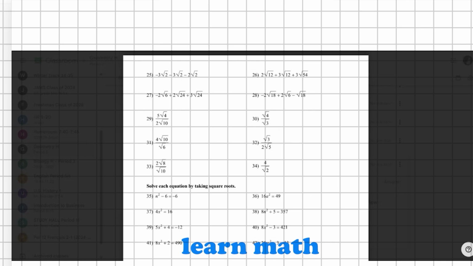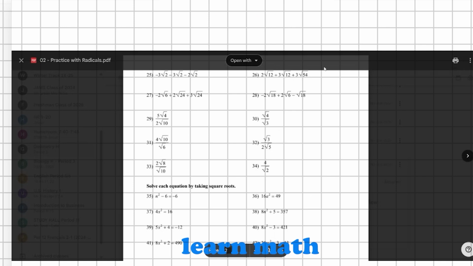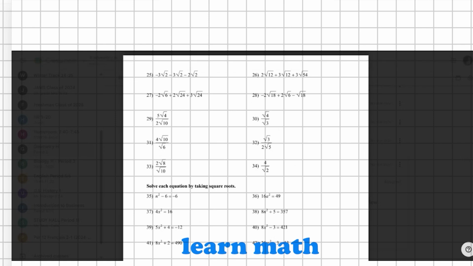Next. 8 root 6. It's not 8 root 6? Yeah, 8 root 6, because 8 times square root of 6. Total answer.